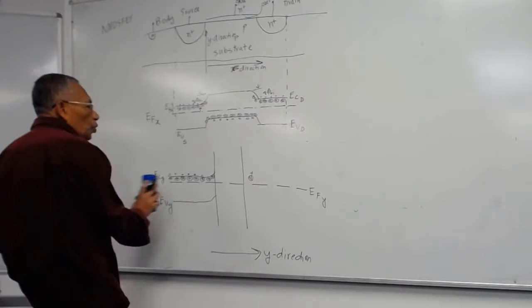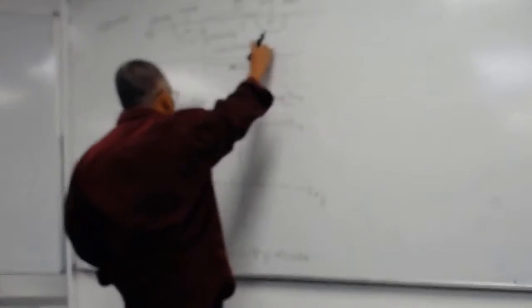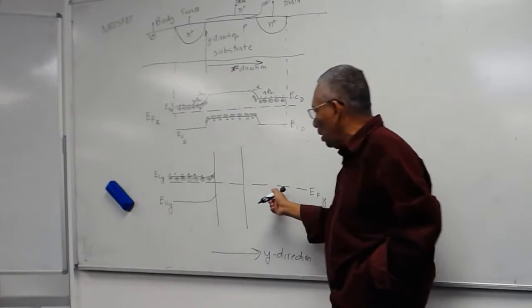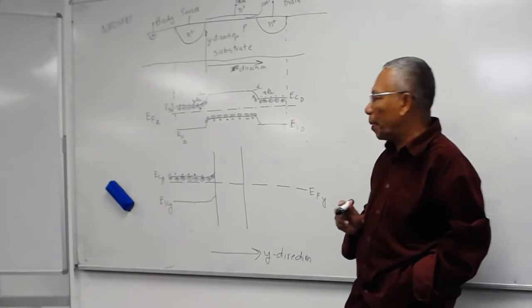Then you go to your substrate, which is p-type. That means the Fermi level will be closer to the valence band.